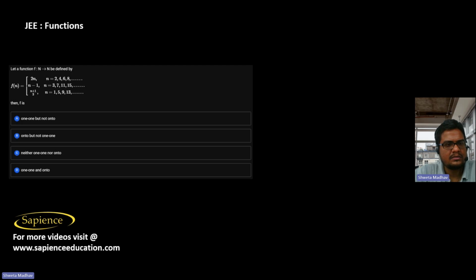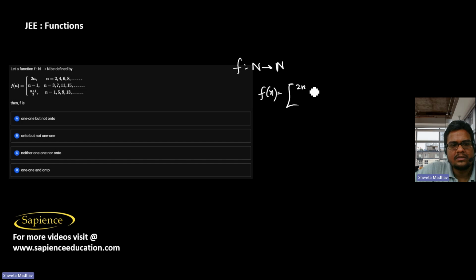Then here it is told, let a function f maps N to N be defined by f of n equal to 2n where n is an even number, or we can tell it is of the form 4m plus 2 form, or 4m minus 2 form, where m is the natural number.